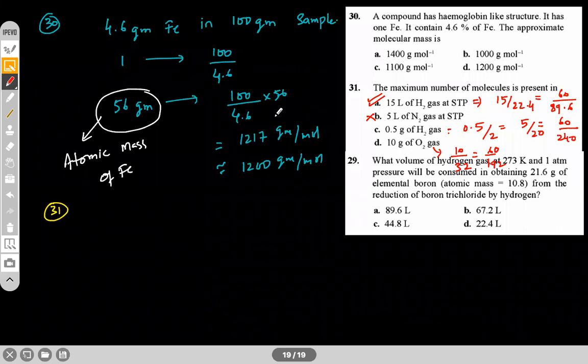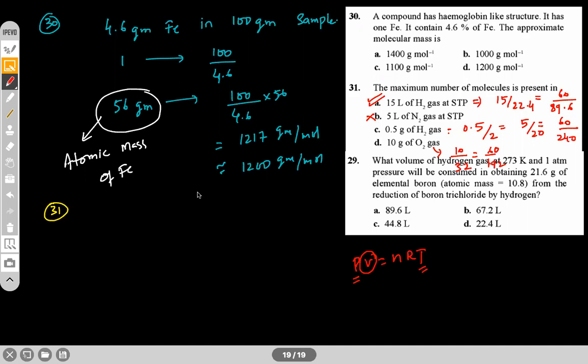No, how? You see, you're not getting it. PV equals nRT we have, no? So whatever volume is occupied depends upon the pressure and temperature. If it is the same, then it's fine. But since it is not mentioned, that is not the correct way.